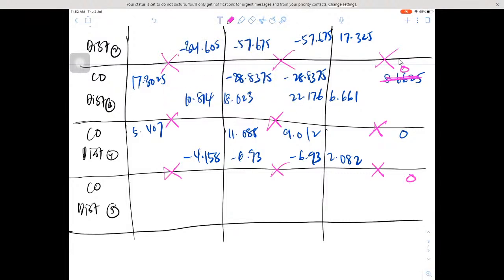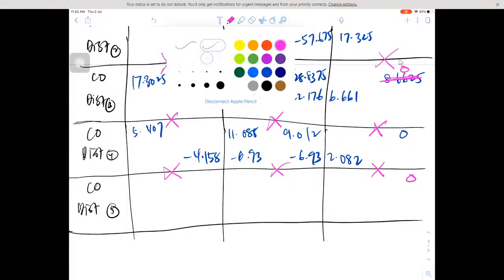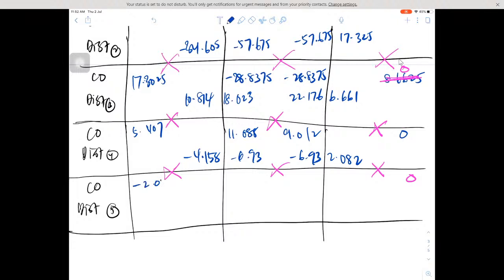Here is 0. So 4.158 divided by 2, we get negative 2.079, remaining the sign. 6.93 divided by 2 is negative 3.465, same, negative 3.465.